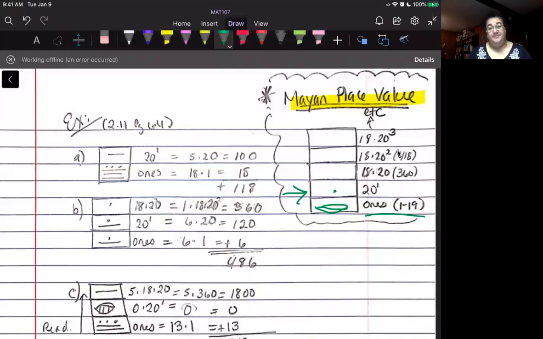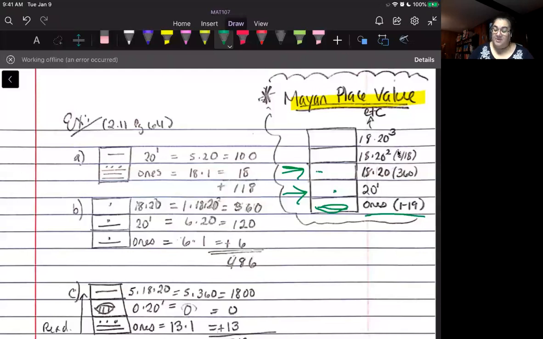Now, the next place value up, you take 18 times 20, and whatever you place here gets multiplied by that. Now, 18 times 20 is 360. So basically, any symbol you put in this third box right here would get multiplied times 360 for its actual value.